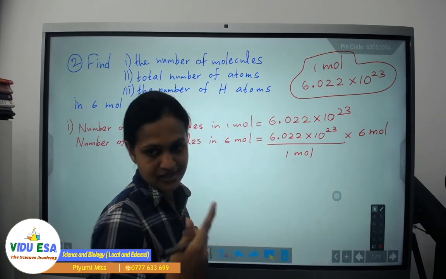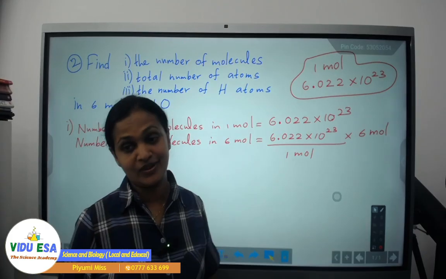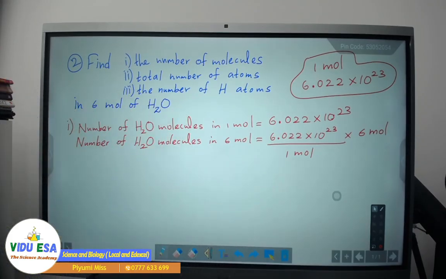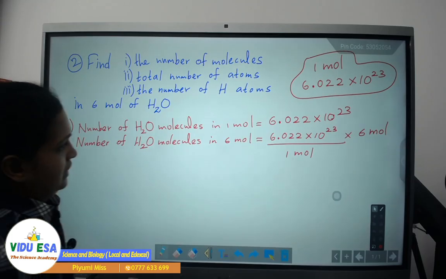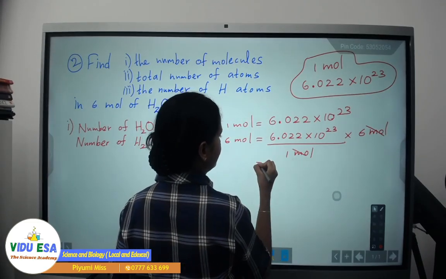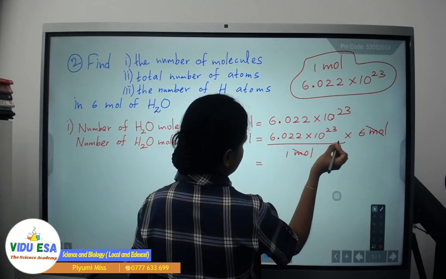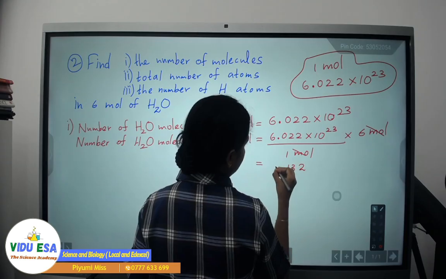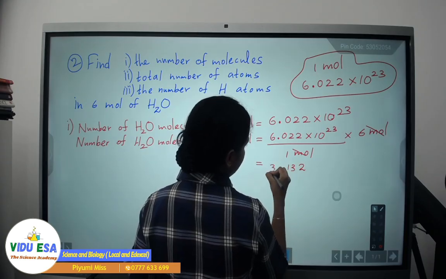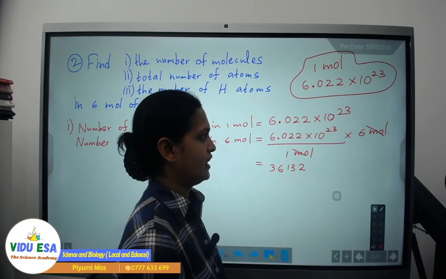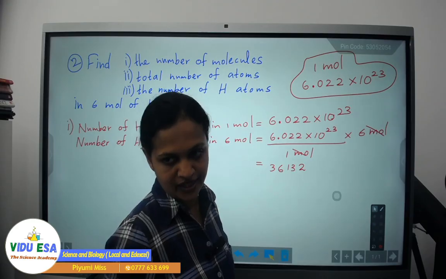Once you get the concepts, you don't need to write these as well if it is in the first paper, right? Okay, Anuli. Therefore, it is 6 into Avogadro constant. 6 into 2, that is 12. Then 6 into 6, that is 36. 36.132 into 10 to the power 23, right?